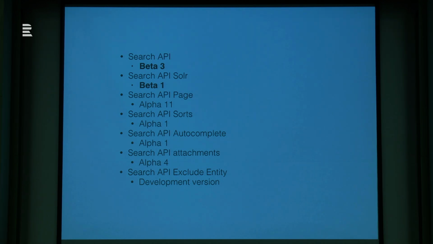Attachments was very usable when I last tested it in September, but I'm not sure how well it works. And there's Exclude Entity, which is one of the many modules that also integrate. This is the follow-up of Exclude Node for Drupal 7.